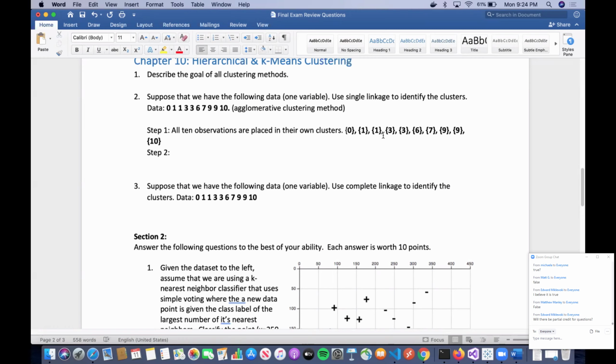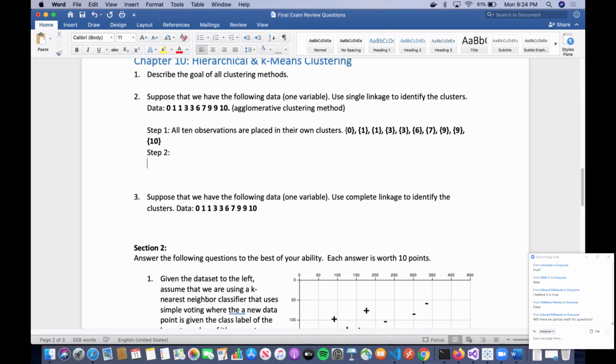So what we're going to do is look for the first shortest distance, which will be 0. So if we look here, we can see that we have 0.